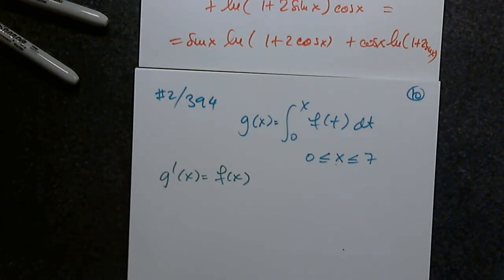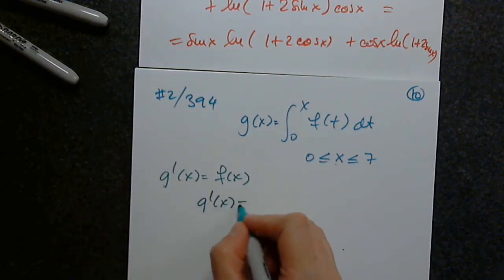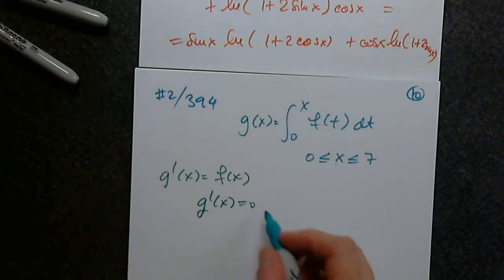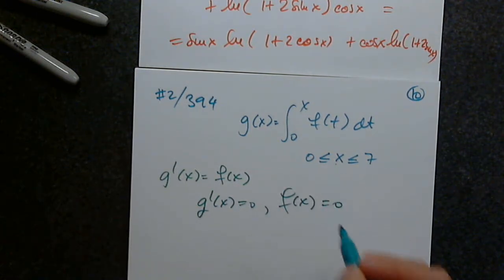Now, what should I do next if I had the information about the function? I don't have the information about the function. I would set g prime of x equal to 0, in other words, set f of x equal to 0. Where f of x is 0, g prime of x will be 0, and those will be critical numbers.